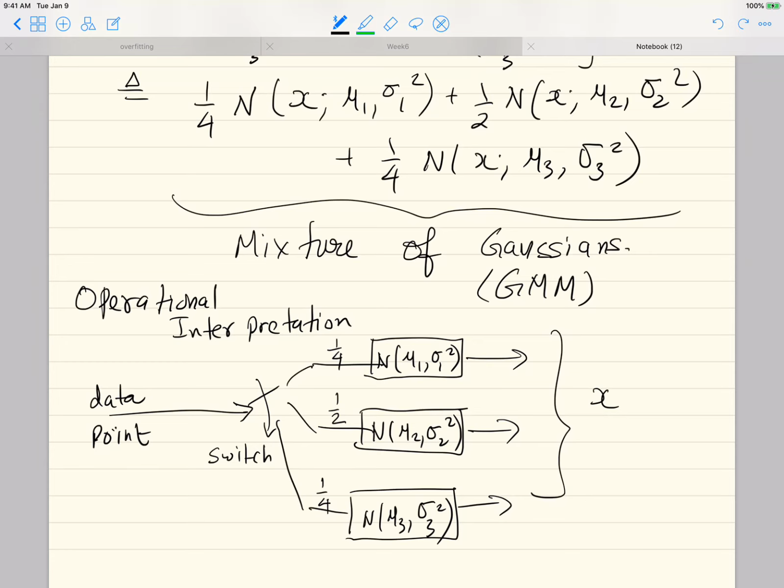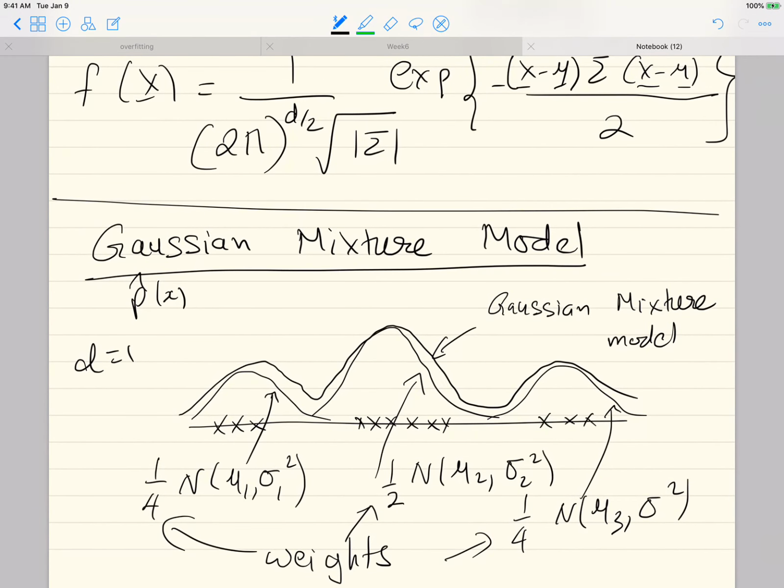This is scalar, so no bar. So to sample the data point x, I'm going to decide probabilistically which Gaussian to take. And that probability is determined by the weights of those three Gaussians. If I decide to go on the first branch, then I'm going to use this density here to sample, and most likely I will be in this cluster here. If I use the second branch, I go into this Gaussian here, and most likely I will belong to this cluster.